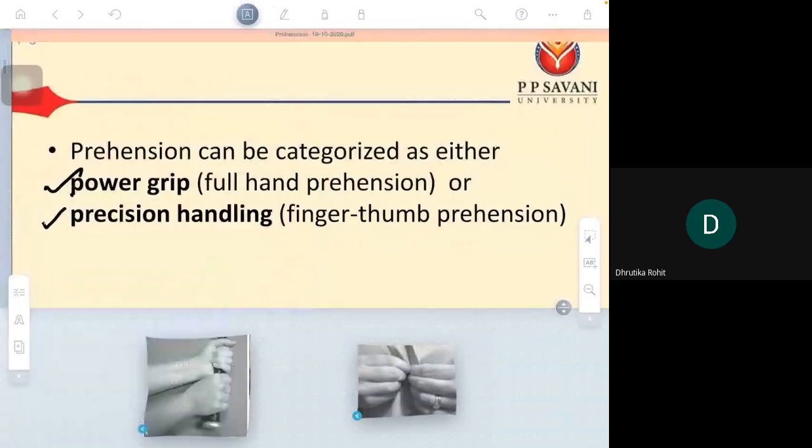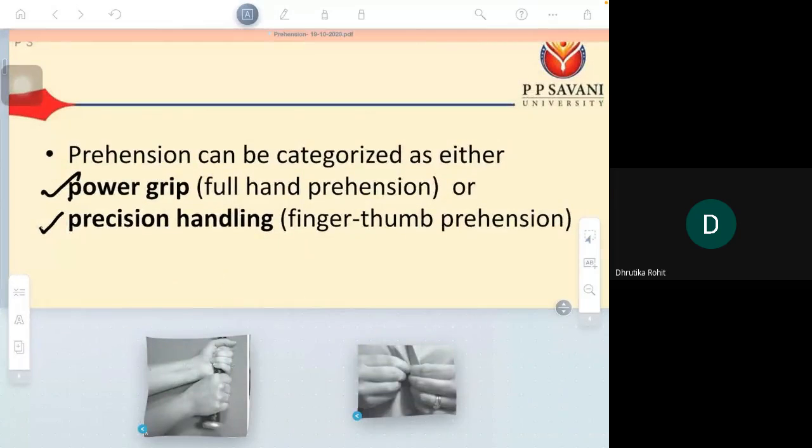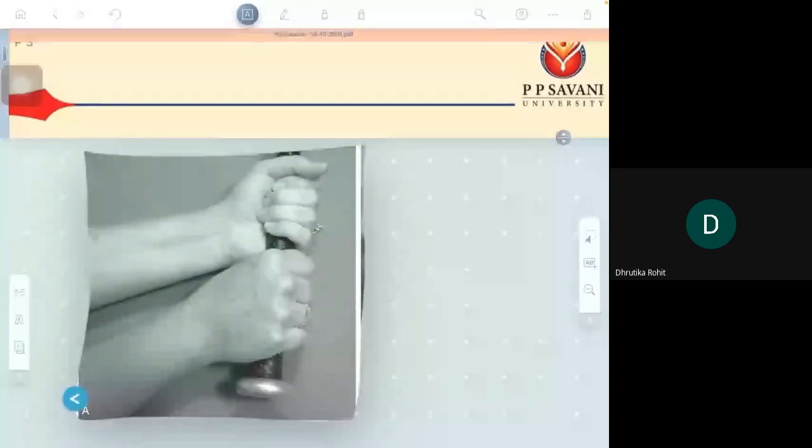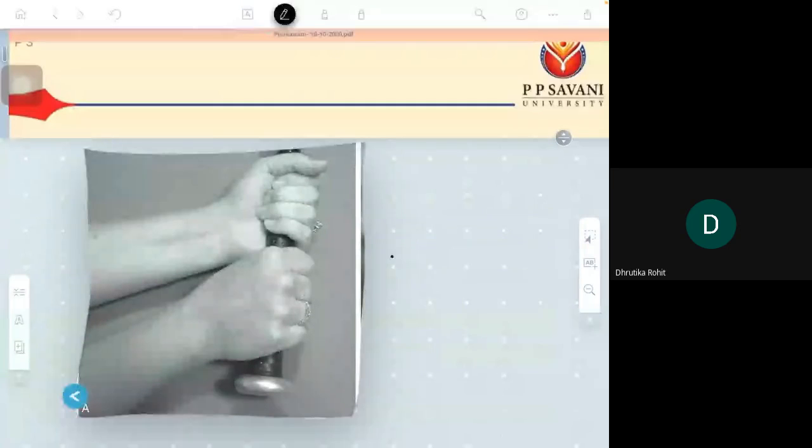So one is power grip, that is full hand prehension. If you see in this diagram, you are using the whole of the hand. So it is otherwise called full hand prehension.